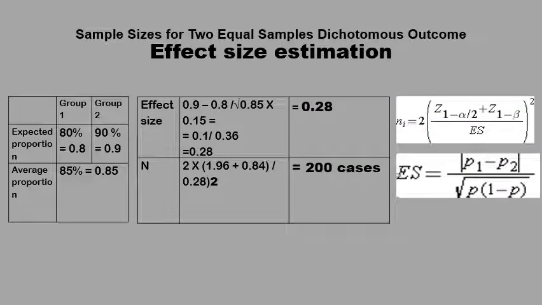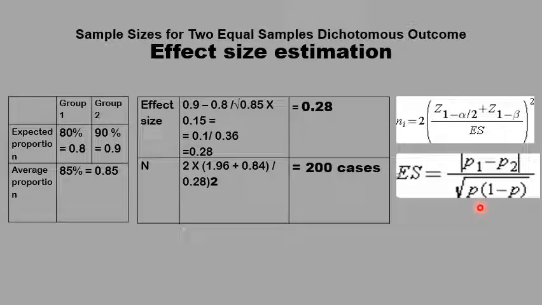One other way to estimate the expected effect size is to use this special formula for the dichotomous data, which is based on the expected proportions of the two groups, the study group and the control group, and the average proportion between the two groups.